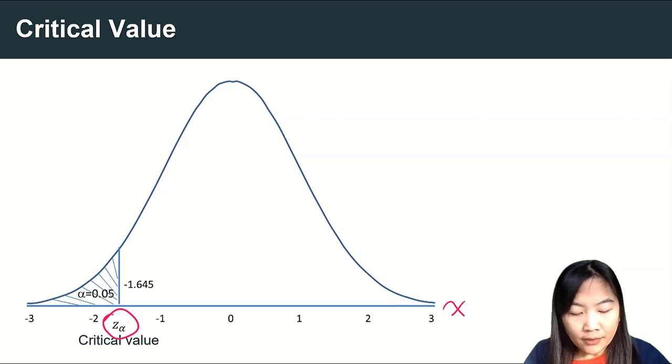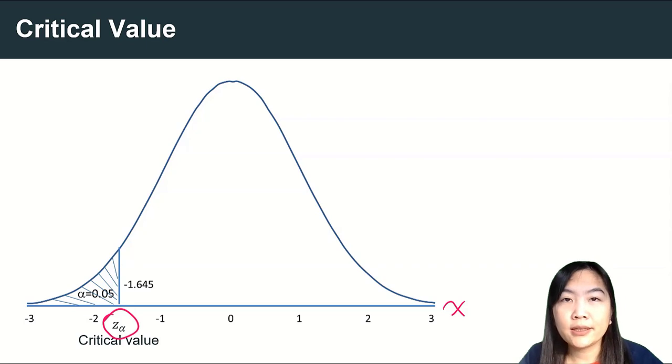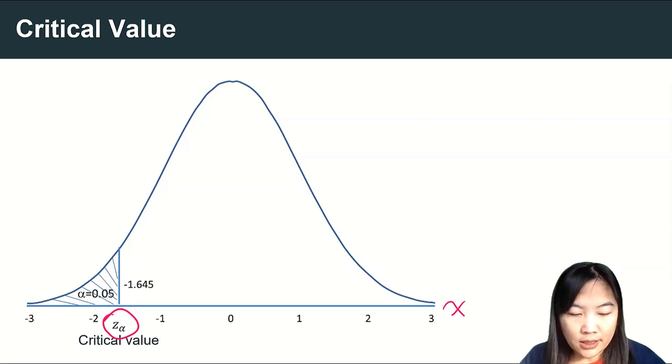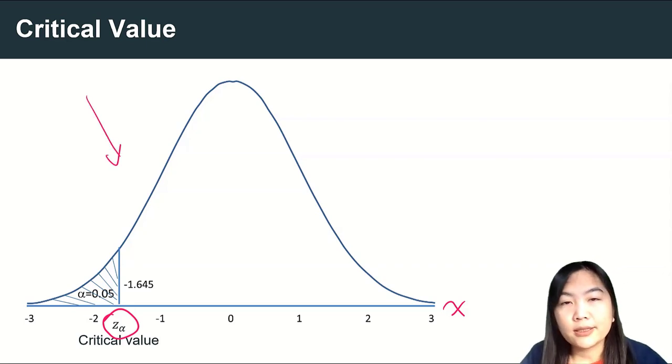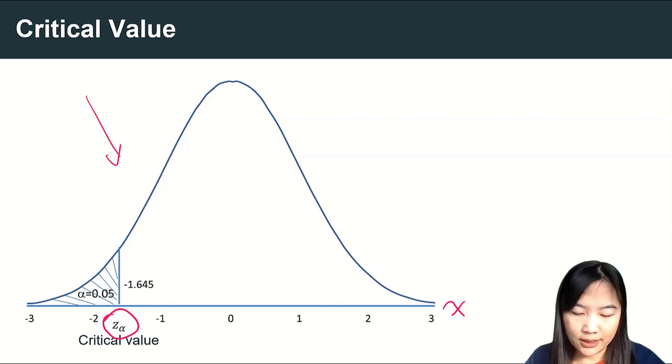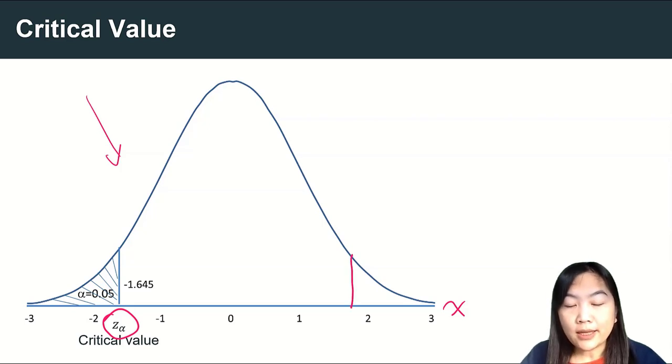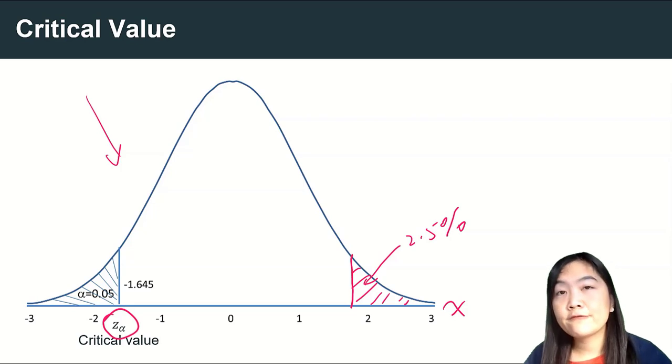And also, I should mention here, if you have studied a statistics course, this situation here is called the left-tailed test. And if you have a two-sided test, and your alpha is still 5%, then each of those shaded regions should be 2.5%.